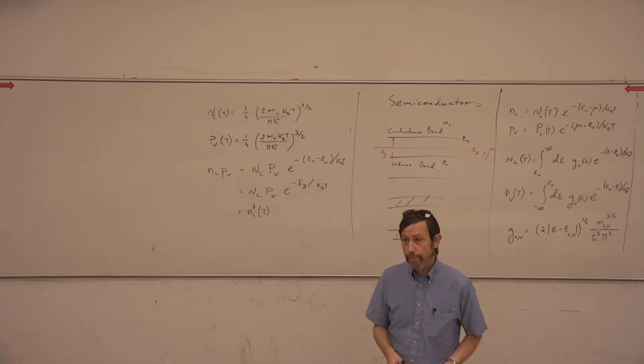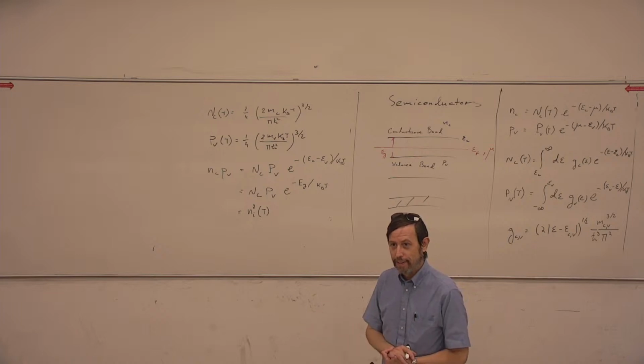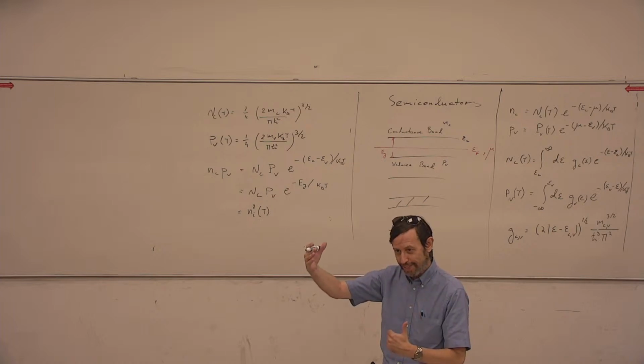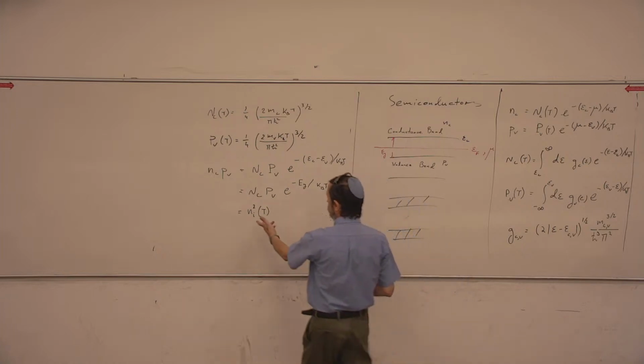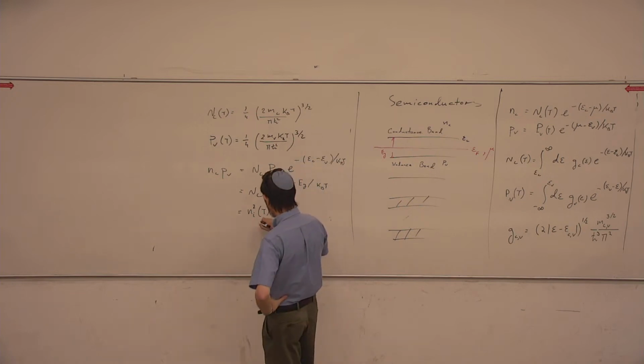Since the number of holes is equal to the number of electrons, I can choose one of them, call it Ni, the number of electrons that are not in the band, or the number of holes that are added to the valence band. And they should be equal, so it's Ni squared. I for intrinsic, that's the name.